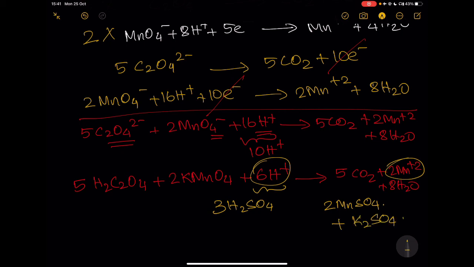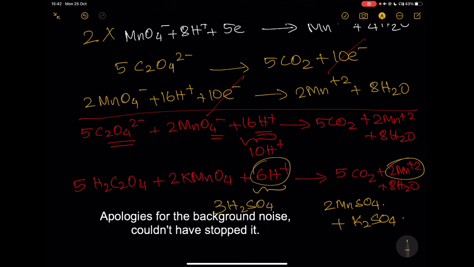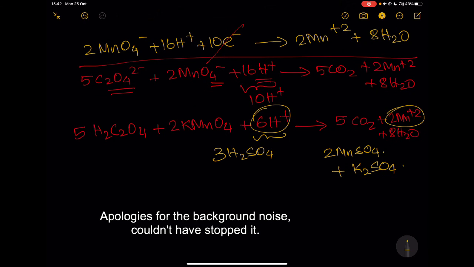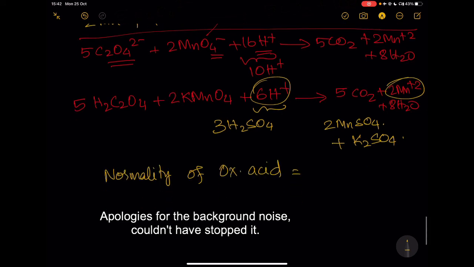So far what you have seen is a redox reaction between oxalic acid and potassium permanganate, and how to go stepwise, and how oxalic acid gives up the electrons and potassium permanganate takes up the electrons with other acids involving itself. So in this example, if you have to calculate what is the normality of oxalic acid, then the question comes up is what is the number of equivalents that is present.